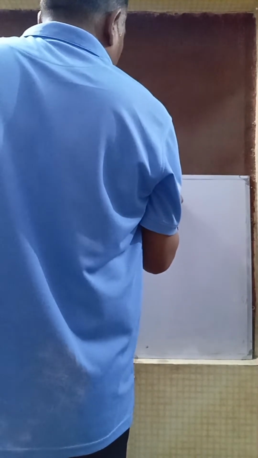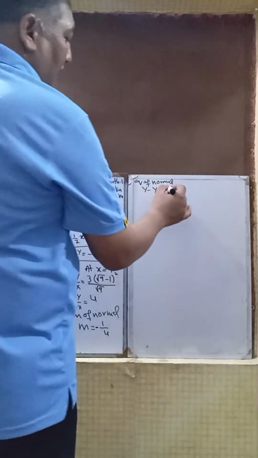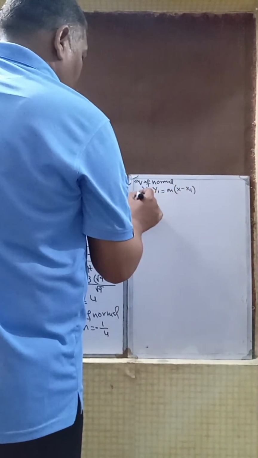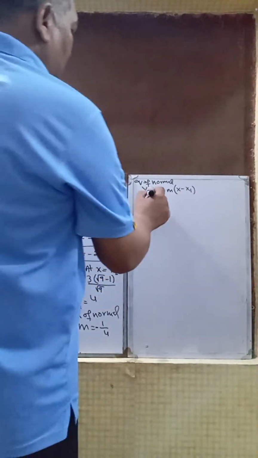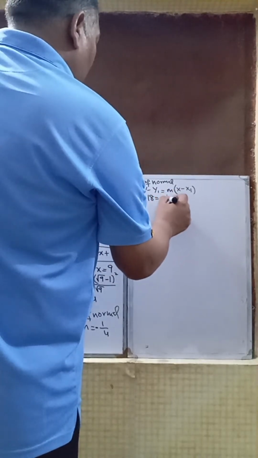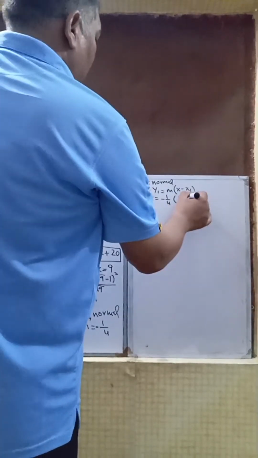Okay, now we have to find the equation of the normal at the point 9, 18. So equation of the normal. Okay, so I am going y minus y1 equals m into x minus x1. So y minus y1 is 18 equals, the m is minus 1 by 4 into x minus 9.